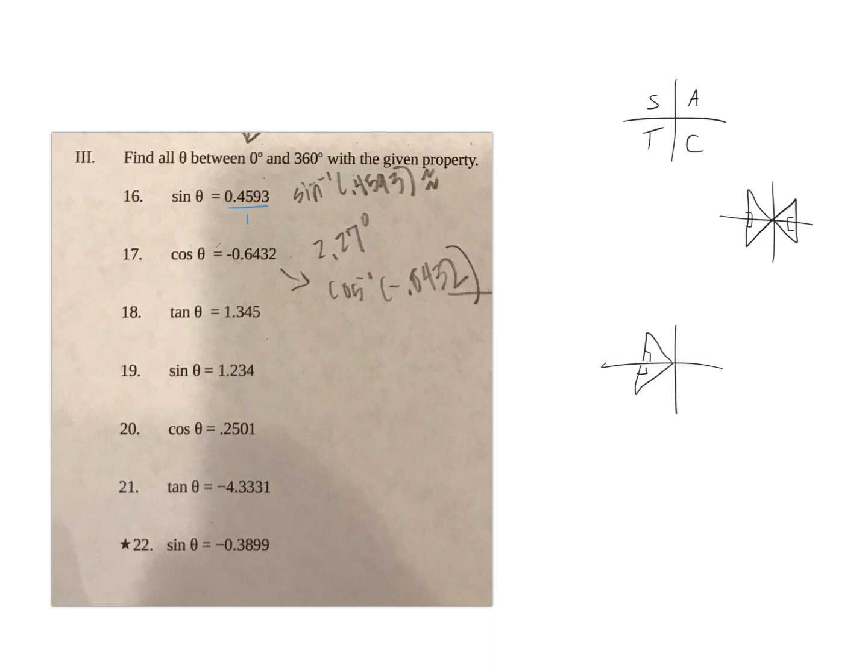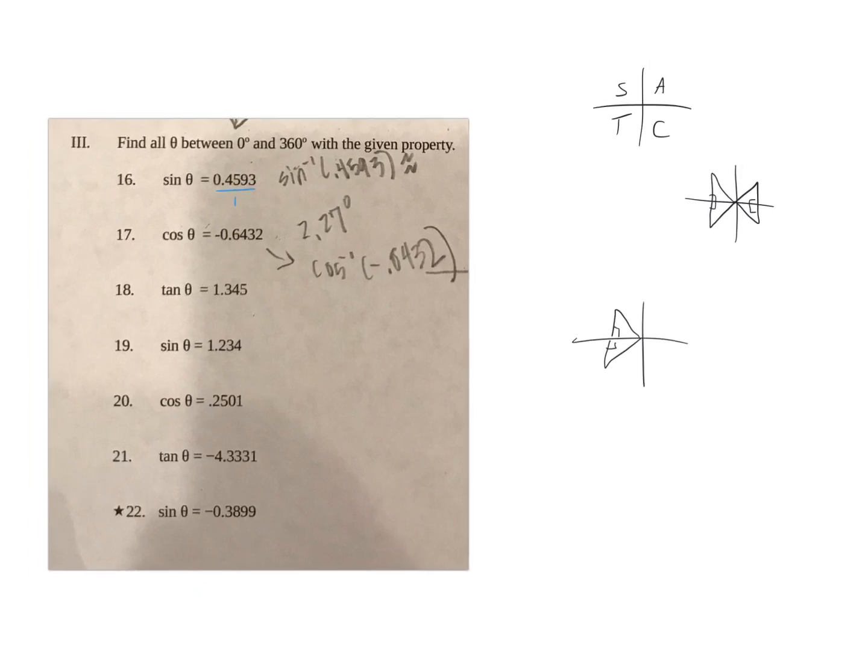So therefore, of course, without even really analyzing this too much, let's just go to the calculator right away, to be honest. So I think my student by now is recognizing that you could use the inverse cosine of negative 0.6432, and then you're going to get at least one of the angles. You're going to get either this angle right here, or you're going to get the angle that starts here and goes all the way here.